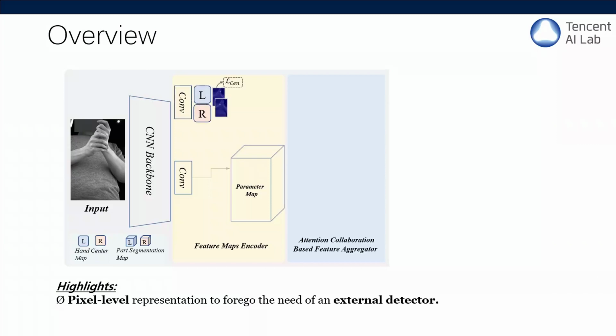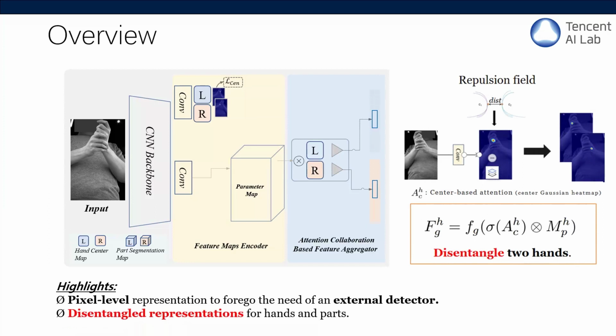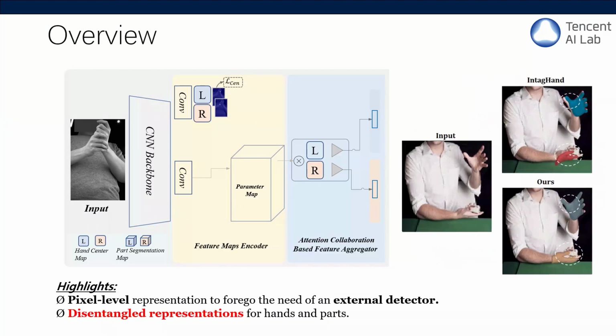So, the first key idea is to disentangle the two hand representations. Instead of cropping the image bounding box, we represent the hand by only one pixel, using only the hand center. We represent the center with a Gaussian heat map with a repulsion field to push them away, and then the global representations can be extracted.